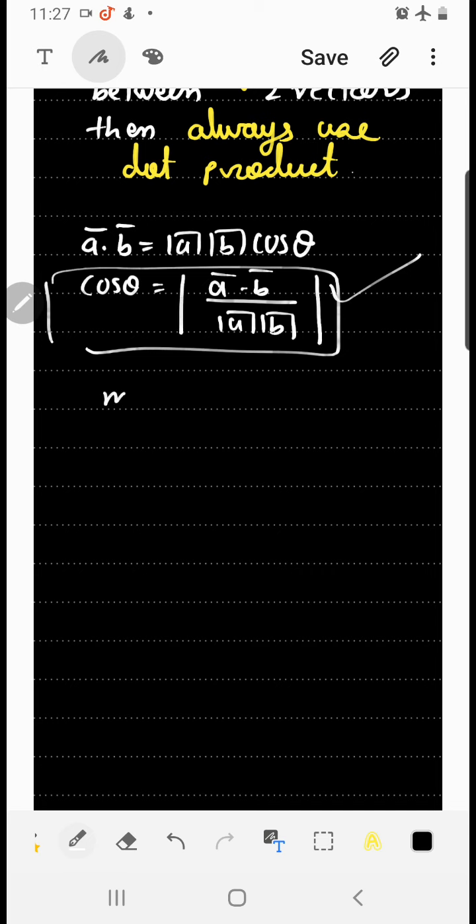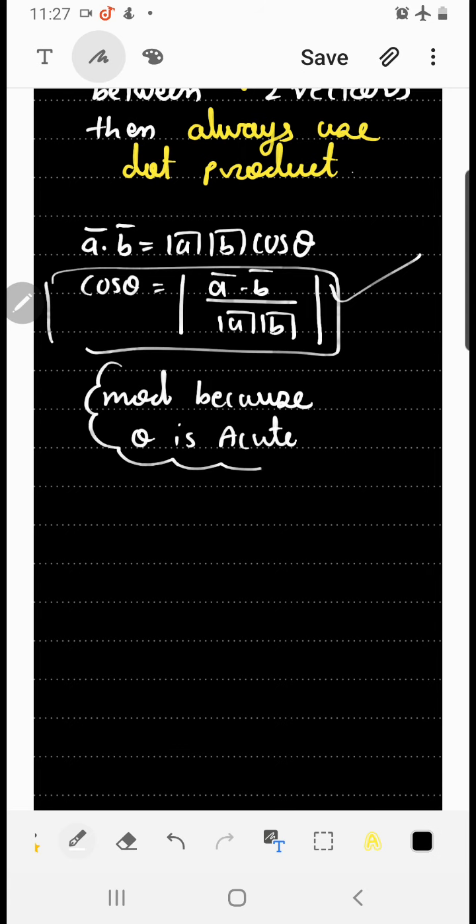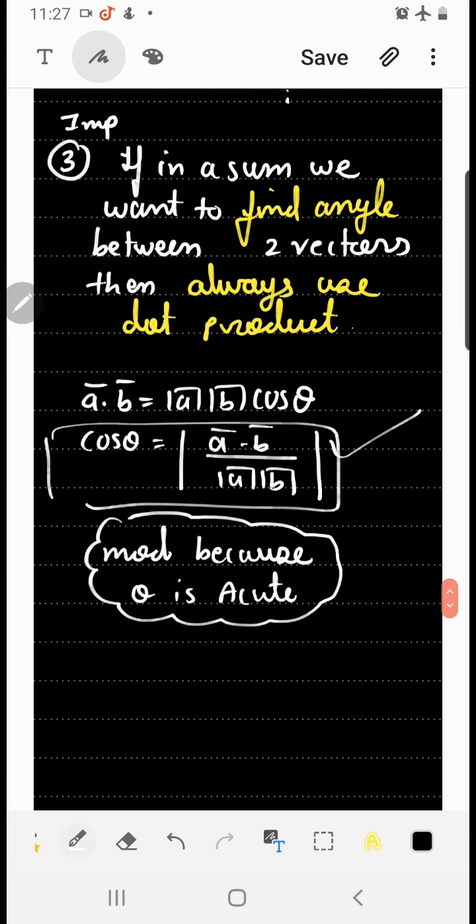The reason is mod because theta is acute. We are talking about the acute angle. So when I say acute angle, we put mod, otherwise there is no need of mod. So please remember, whenever we talk of angle, just think of dot product.